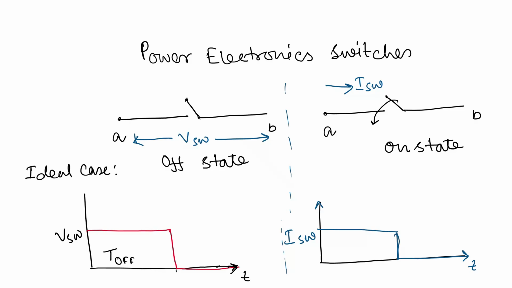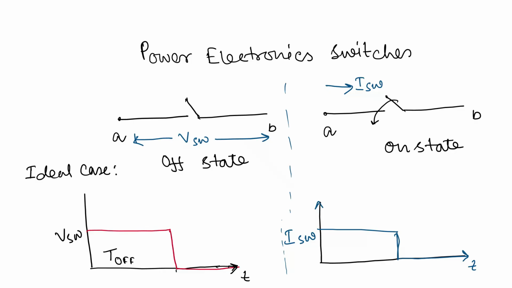So this is the ideal case. Now consider the on state, when the switch is closed. It has a path, so current can flow. This I switch is the current flowing through the switch. In this on state there is no voltage drop, so current can flow from point A to point B.